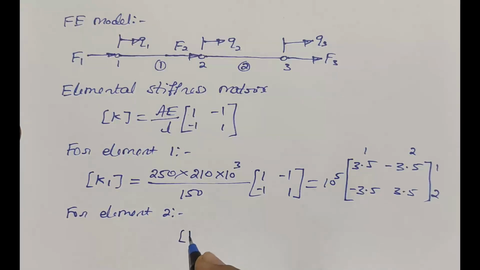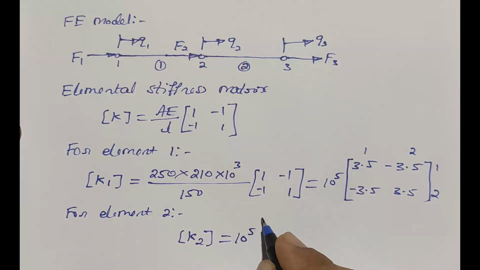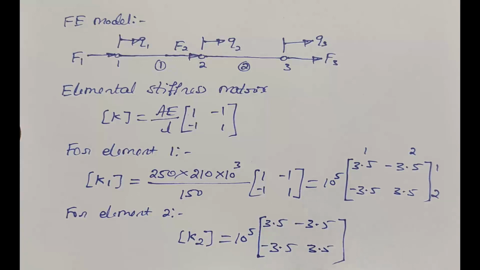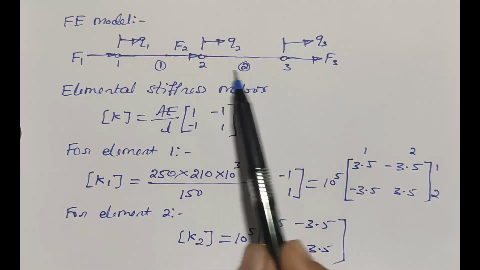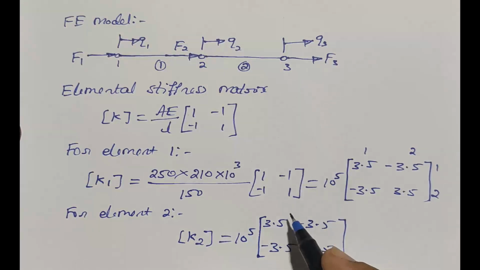Therefore K2 will be equal to 10 power 5, [3.5 -3.5; -3.5 3.5]. But here node numbering changes. See the element number 2, it connects node number 2 to 3. That's why here give the number 2, 3, 2, 3. This is the elemental stiffness matrix for element 1 and 2.